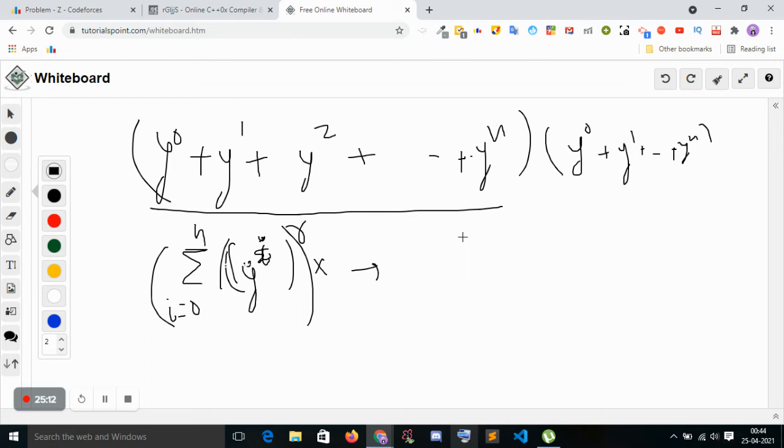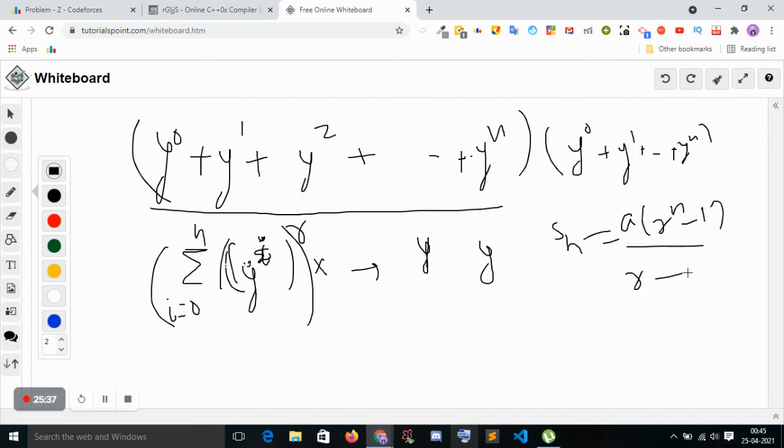Yes, we can solve this problem with GP. So how do I solve this problem? Can I write how many terms are there? N plus 1 terms. So the sum of a GP up to n terms, Sn, is equal to a times r to the power n minus 1 over r minus 1.